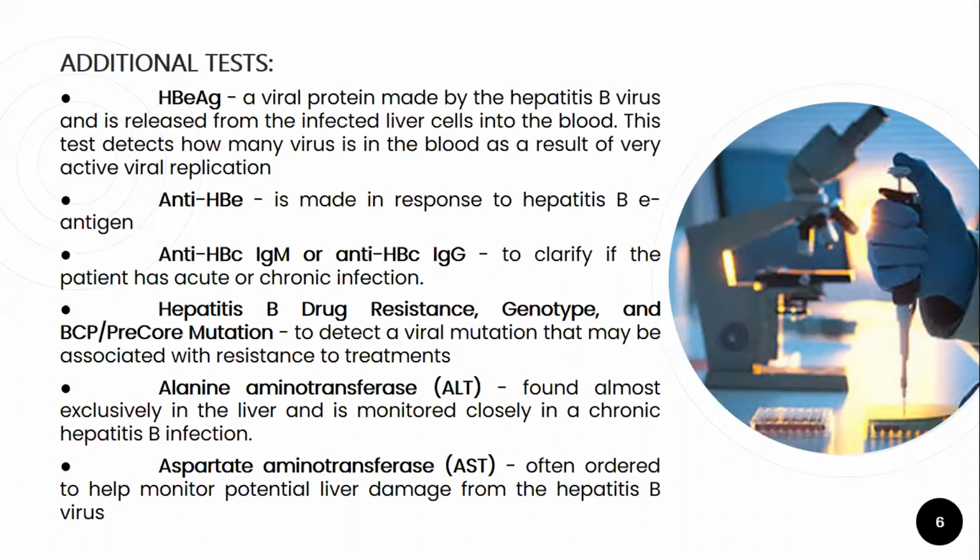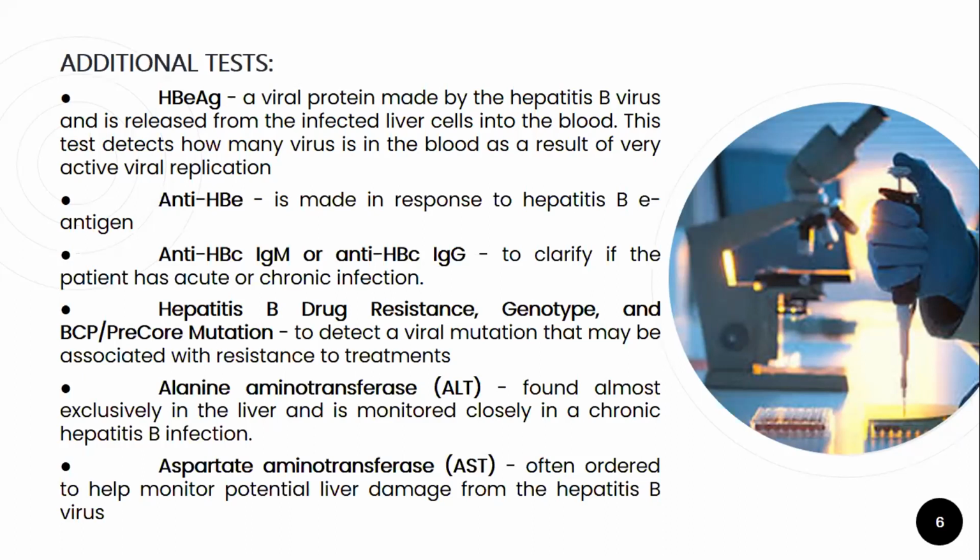Next is anti-HBe. This is made in response to hepatitis B E antigen, and this indicates that the patient is recovering from the HBV infection. Next is anti-HBc IgM or anti-HBc IgG. This is to clarify if the patient has acute or chronic infection.